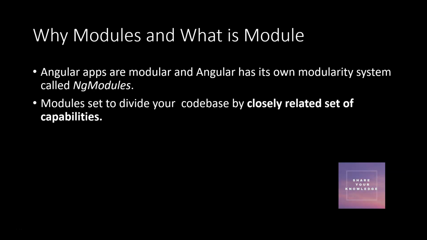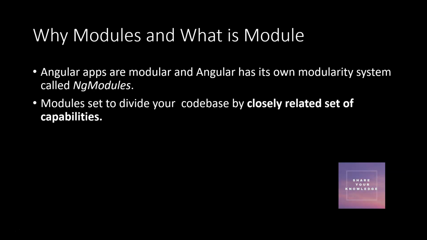Why do we need to create modules other than the root module? In smaller applications, you may not need another module other than the root module, but in very big applications where you have 100 components, it is good to separate your code base by modules. Maybe if I have an employee module, I can put all the employee related components like add employee, employee list, delete employee, every employee related functionality inside it.